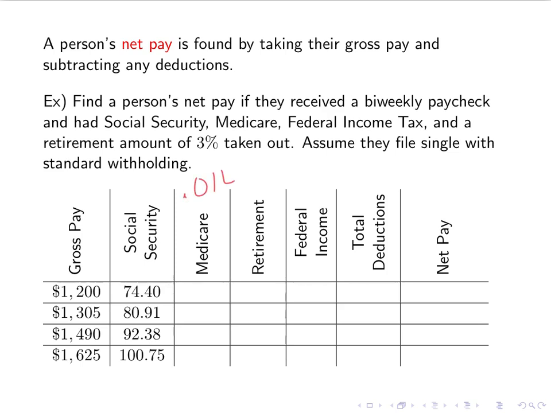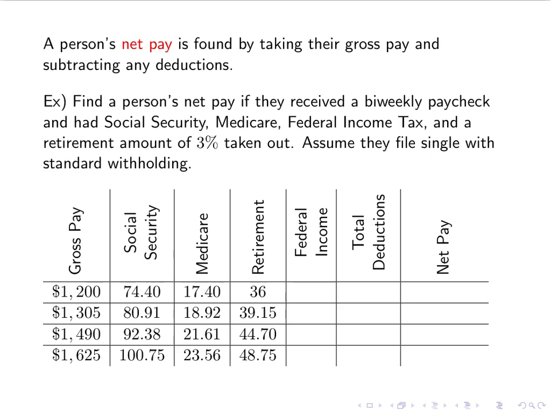So we're going to multiply the gross pay by 0.0145. And again, I want you to actually do it out. Make sure you get the same numbers. And we should get those guys. Retirement, 3%. So we're going to multiply the gross pay by 0.03. Again, please pause the video, double check that you're getting the same numbers.